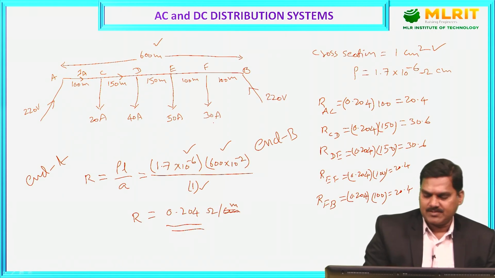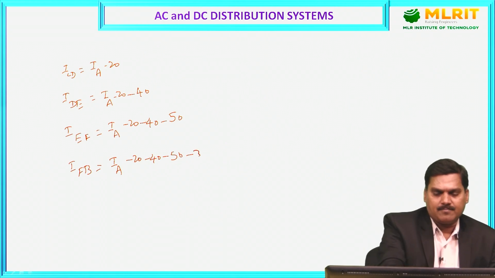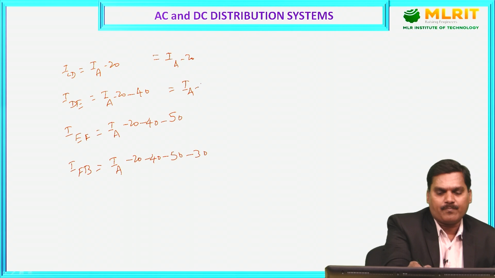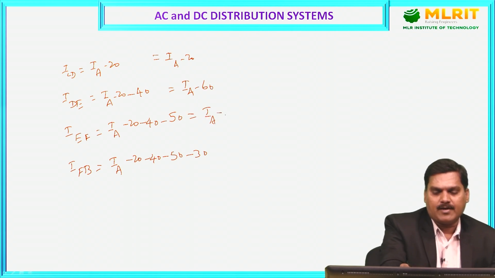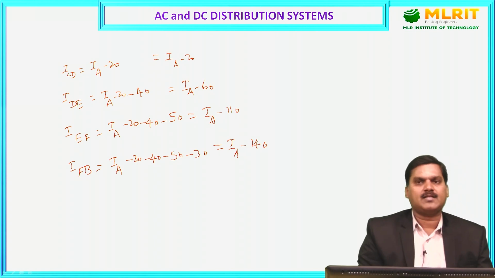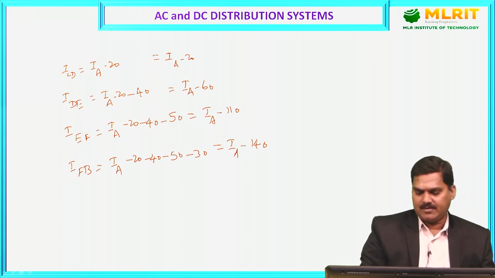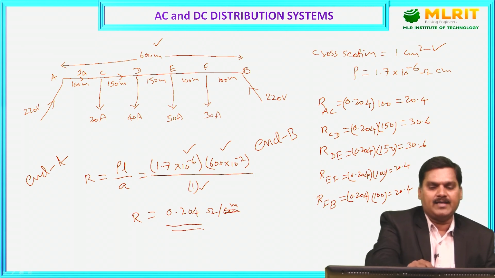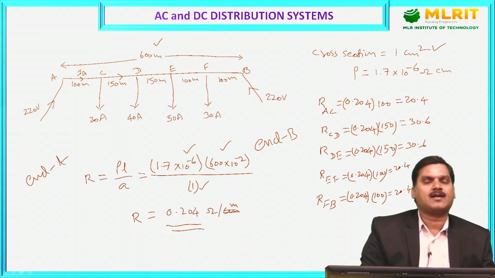This 30 amps is drawn at F. So these are the currents. We can simplify this: it becomes IA minus 20 as it is, IA minus 60, IA minus 110, and IA minus 140. So these are the currents in the different sections: IAC, ICD, IDE, IEF, IFB. Like that we calculated the currents.